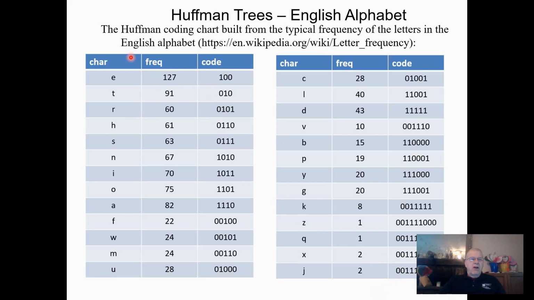It turns out there are, at least according to Wikipedia, 127 instances of E in a typical English paragraph or book, whatever. There are 127 instances of E for every 1 instance of Q and Z. X is a little more frequent, and so is J, but not enough to make a difference.